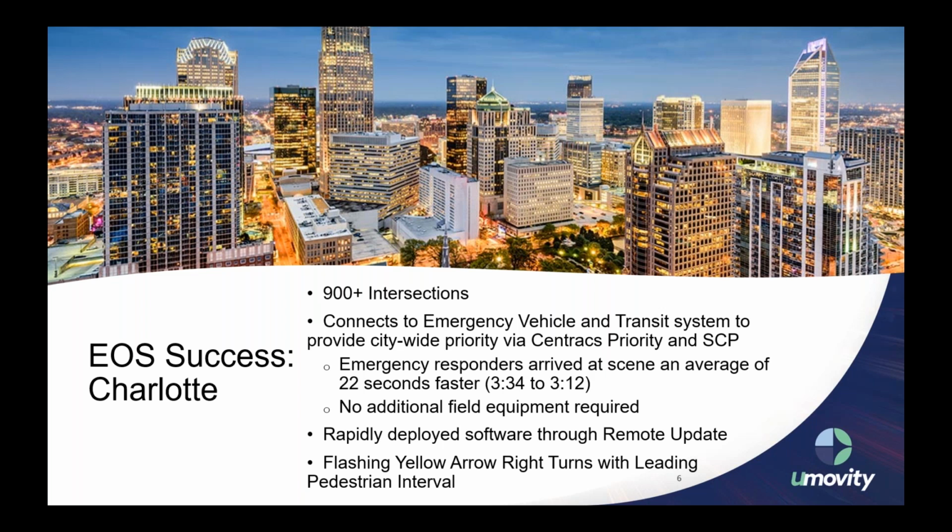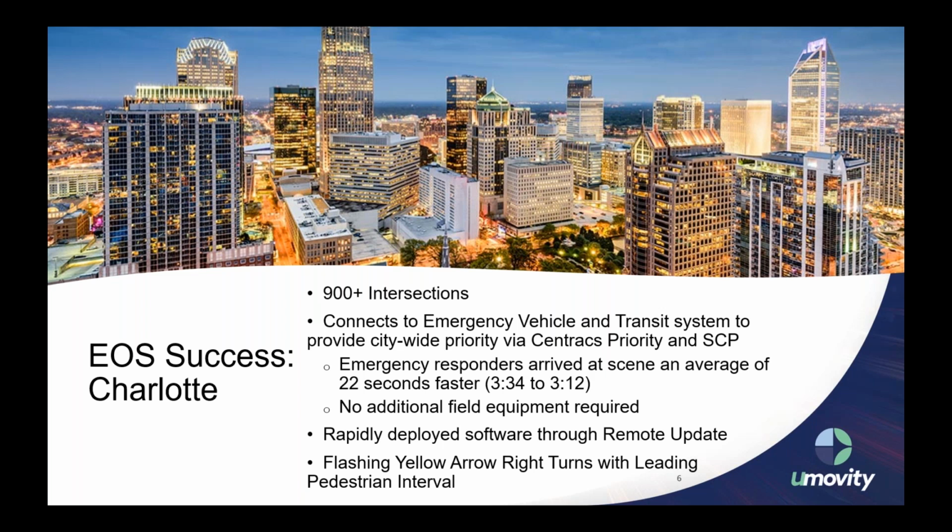The other great aspect of our implementation there is that the priority control system was all done at the central. So we connected our central systems, Centrac software, to their CAD AVL system, so we knew routes and position data at a fairly regular update interval. And so our priority control system would then send the priority request directly down to the EOS software from their main server.